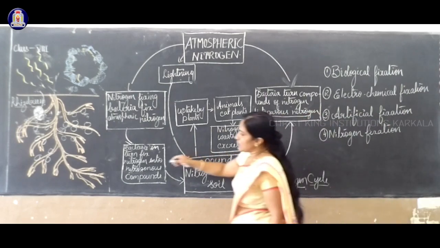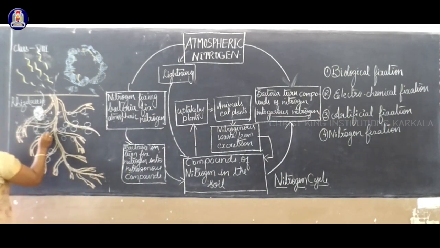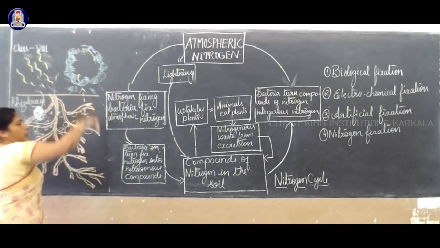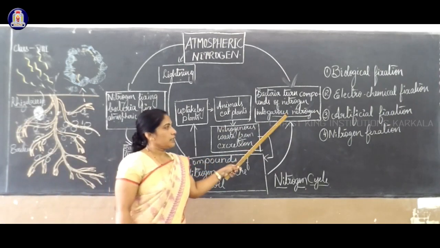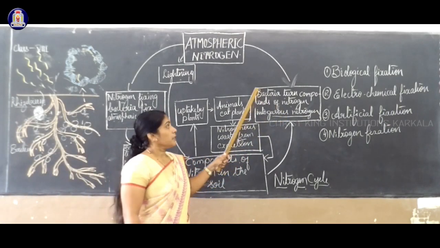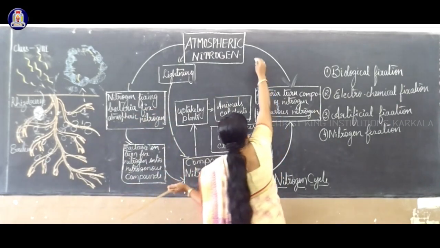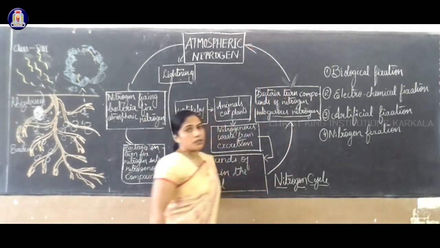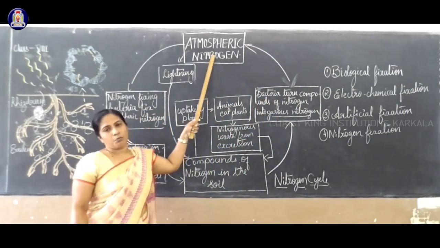In the soil, a few bacteria will convert this nitrogenous compound into free nitrogen. That's why it is a gaseous nitrogen, which is released again to the atmosphere. So now it is atmospheric nitrogen again.